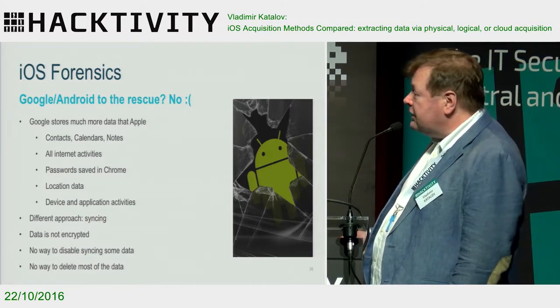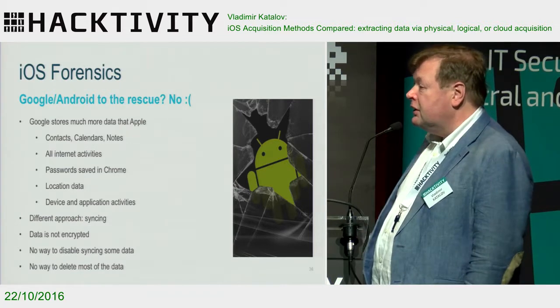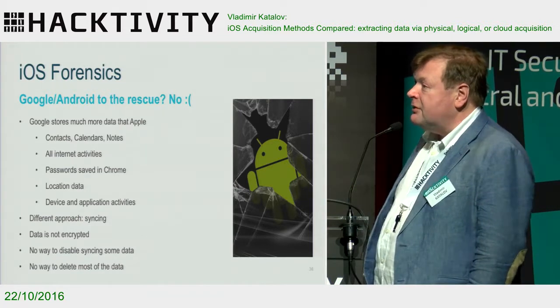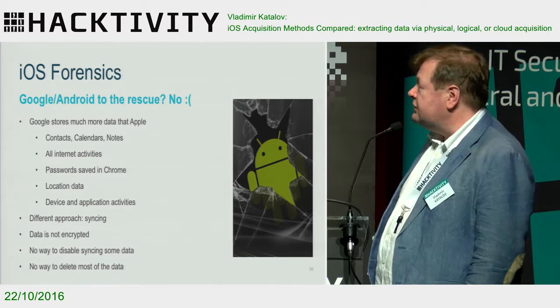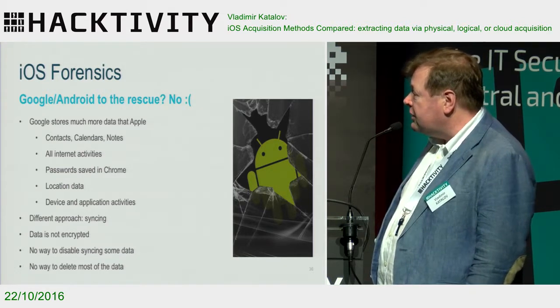And what you cannot disable, for example, is all the device and application activities, including the serial numbers of your devices, application names and versions, and the exact date and time when you access particular applications.